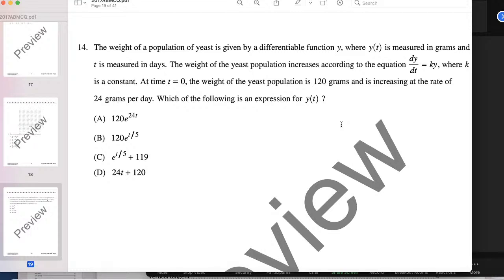Differentiable is, am I missing something? The weight of the east is increasing according to dy/dt equals k, constant, at t equal to 0. You get x minus 1 equals this. Oh, I see what I did wrong. So 120 equal to C e to the 0.